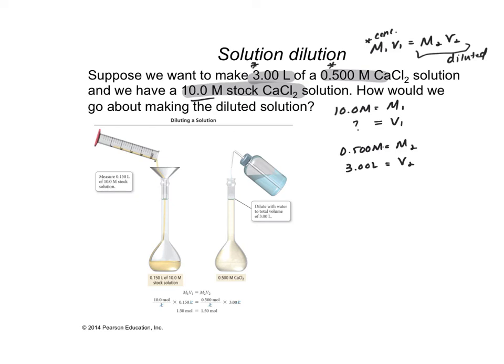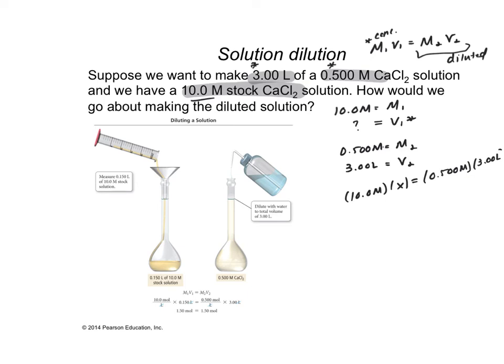We have 3 knowns and 1 unknown. We're going to plug everything in and solve for our unknown, which is the volume of that concentrated solution. So we've got 10 times x, substituting x for the question mark, is equal to 0.5 times 3.